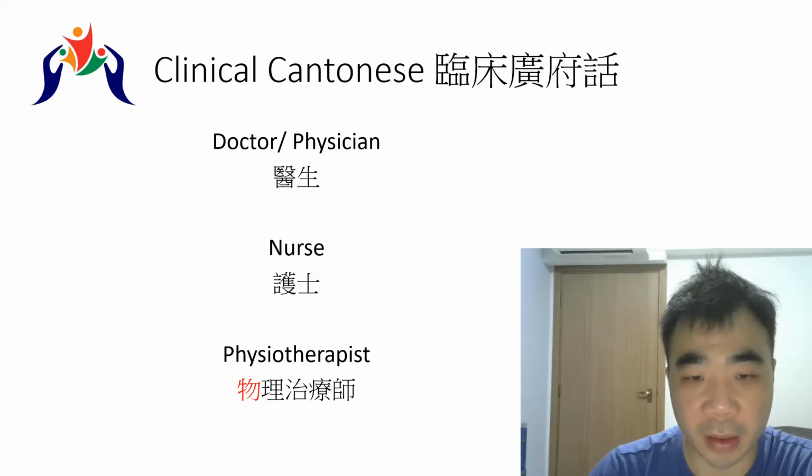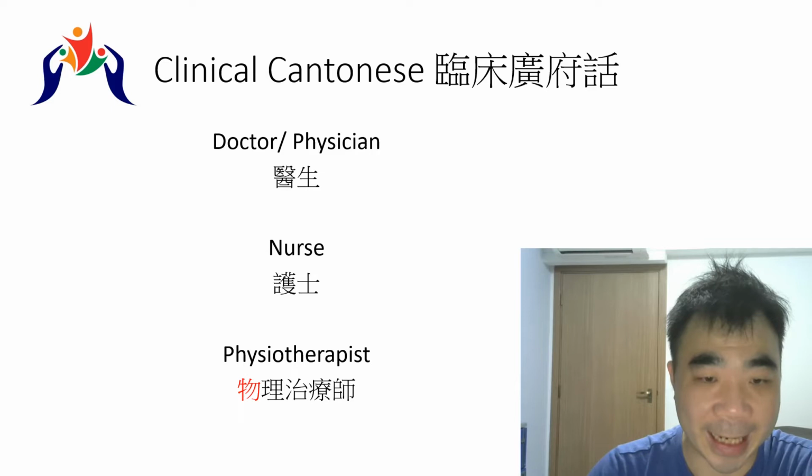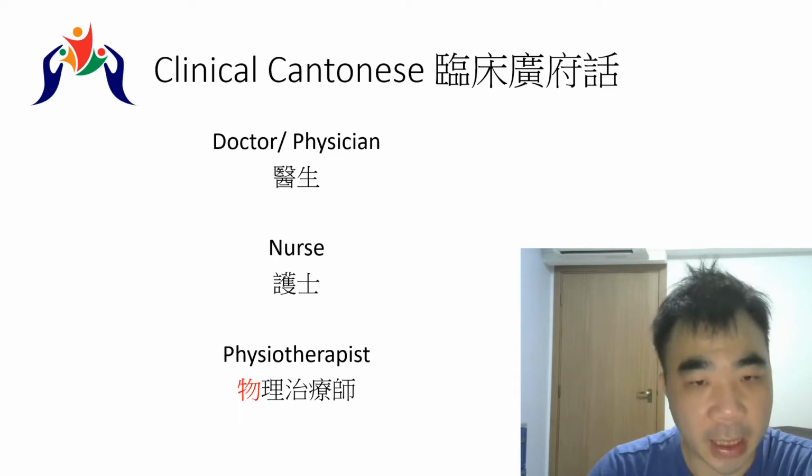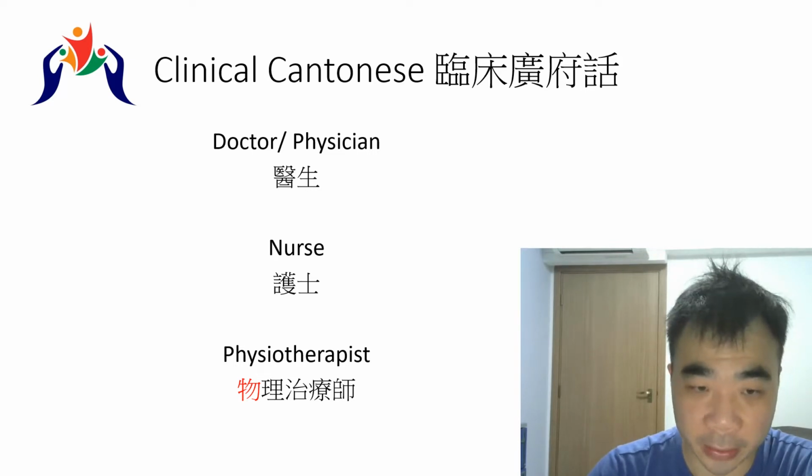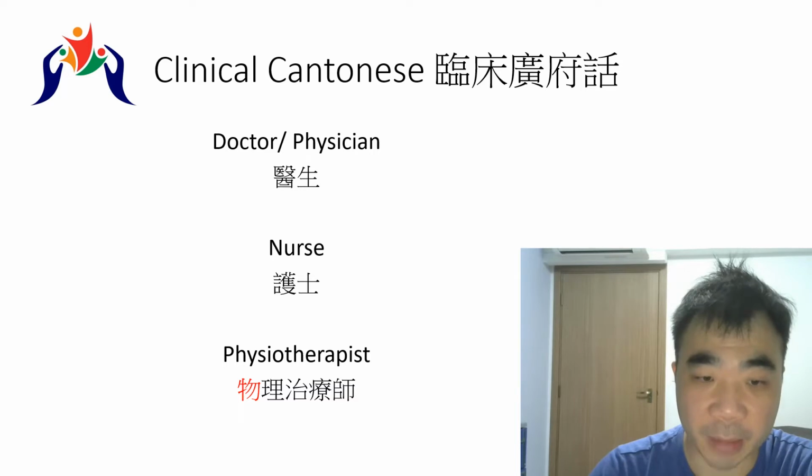Physiotherapy in Cantonese we say 物理治療師, 物理治療師. You see, I highlight the entering tone, right? If you say it again in Mandarin, you find most characters are the same, but just the entering tones are quite different.